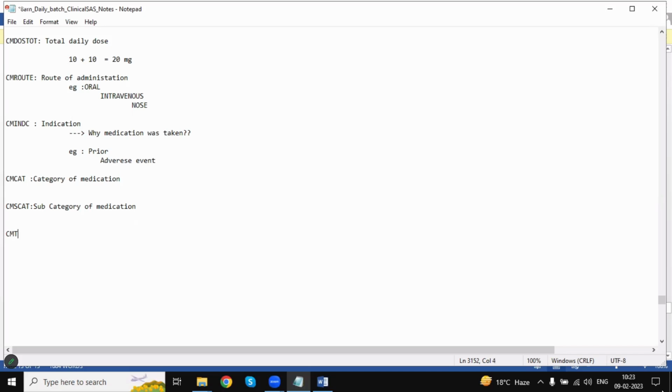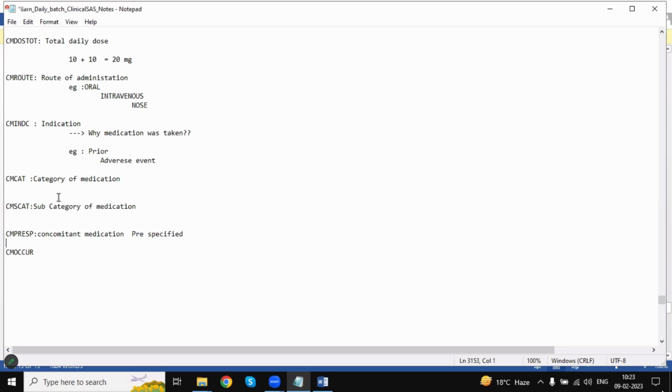Okay. CM pre-specified and CM occurs. Concomitant medication pre-specified. What does pre-specified mean?